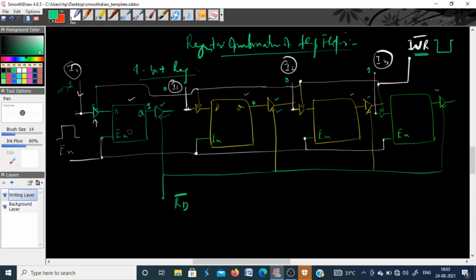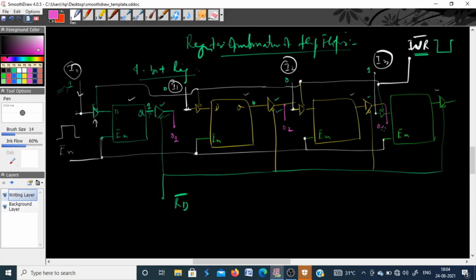So although the information is available at these pins at the output of flip-flops, this information is not available at the output of this tri-state buffer. So you have output pins here also. So this is output, suppose O1. The second output is here. This is output 2. Third output is here.